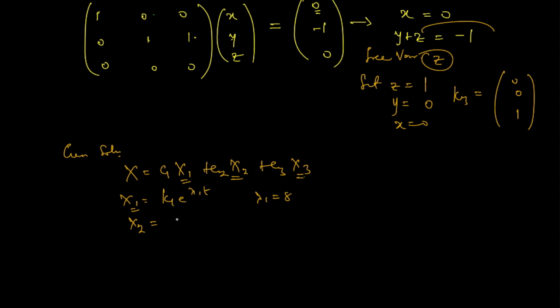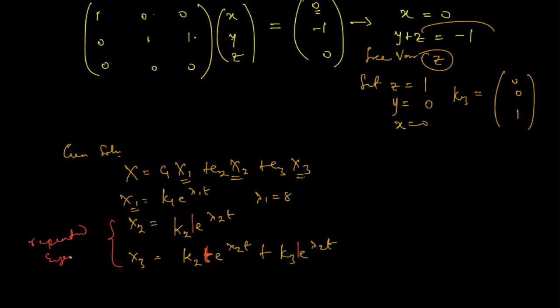For x2, the solution is k2 e to the power lambda 2t, while x3 is k2t e to the power lambda 2t plus k3 e to the power lambda 2t. So we observe that here we have 1, but here we have 1 and t. This is the one that corresponds to the repeated eigenvalue. That's why they look different.